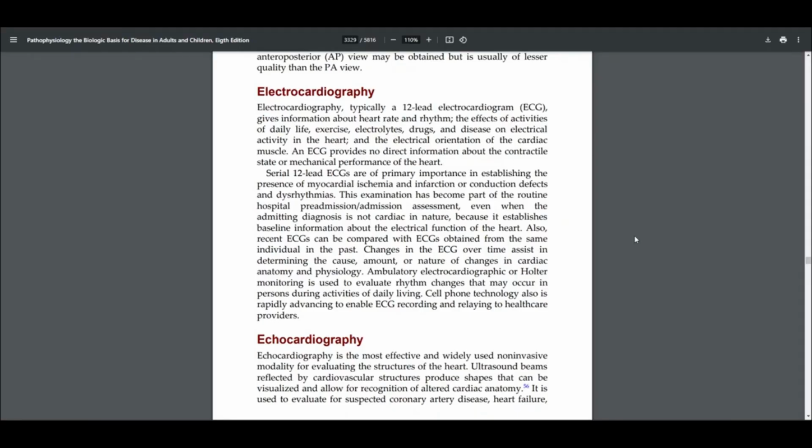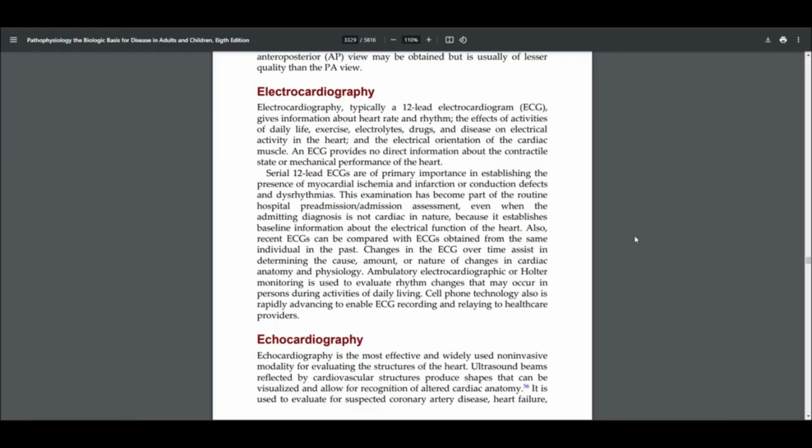Serial 12-lead EKGs are of primary importance in establishing the presence of myocardial ischemia and infarction or conduction defects and dysrhythmias. This examination has become part of the routine hospital pre-admission or admission assessment, even when the admitting diagnosis is not cardiac in nature, because it establishes baseline information about the electrical function of the heart.